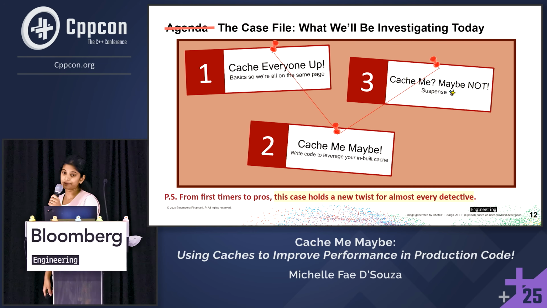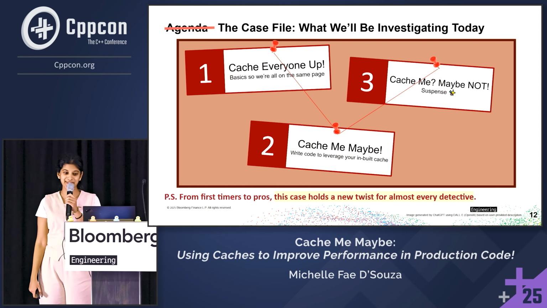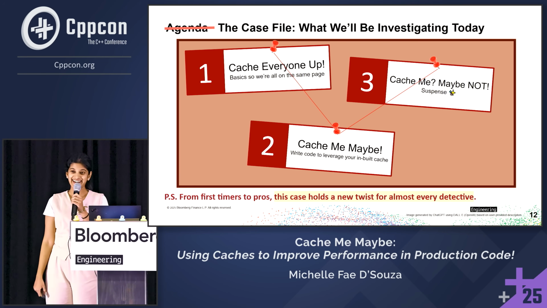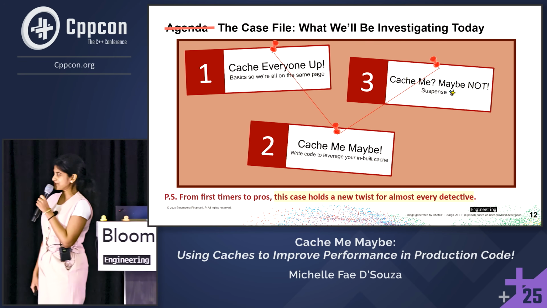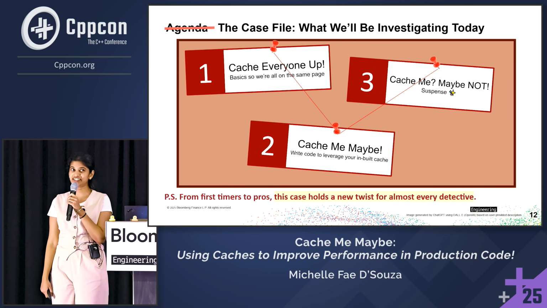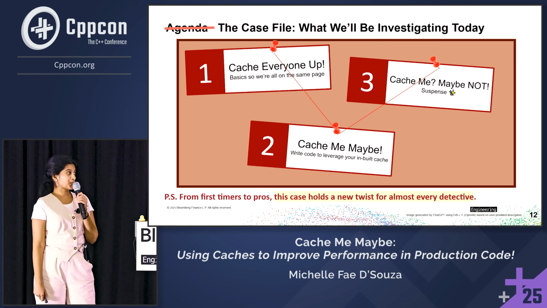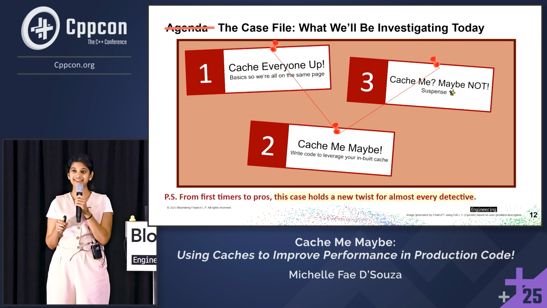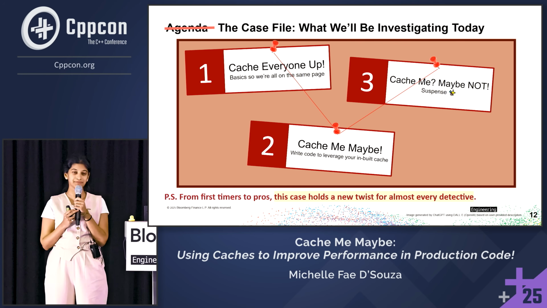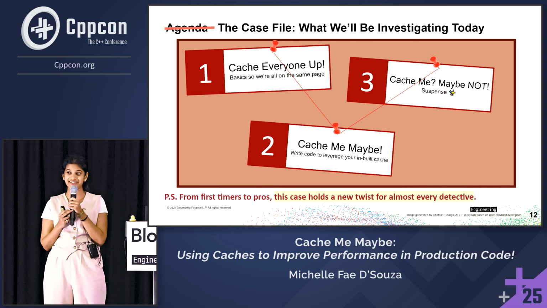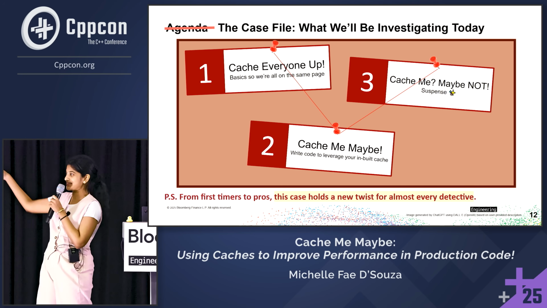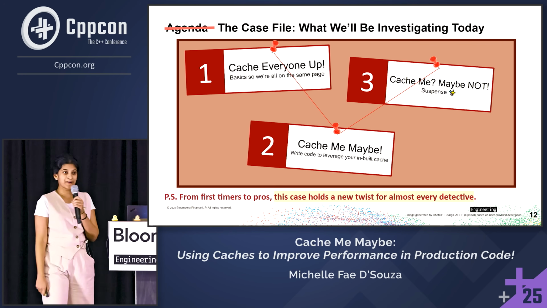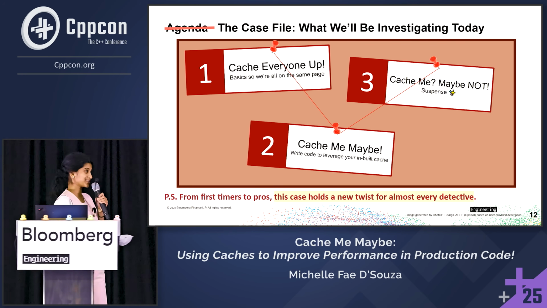And we're going to wrap up with cache me, maybe not. What the heck does that mean? Or rather, what the duck does that mean? Well, I'm not going to tell you because a lot of the nice detective movies and books that I've watched and read have suspense. So we're going to keep that till the very end. But trust me, it's super spicy.